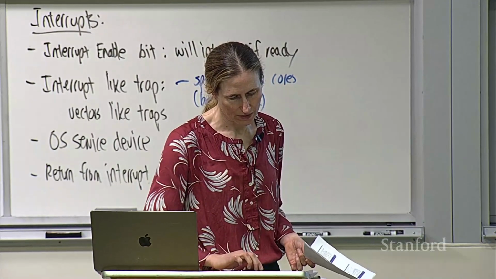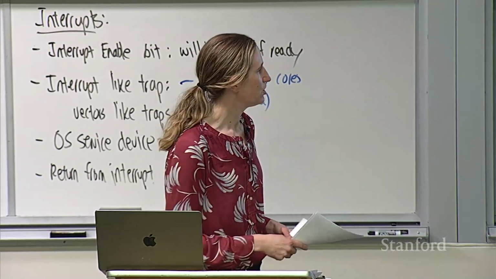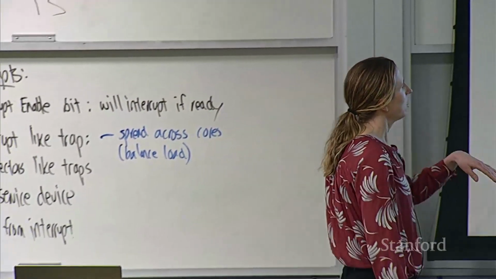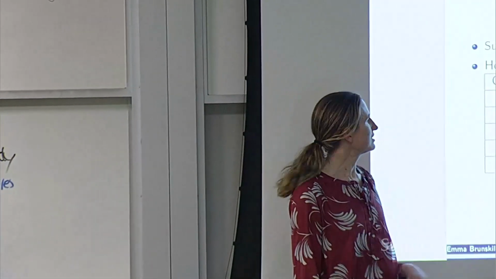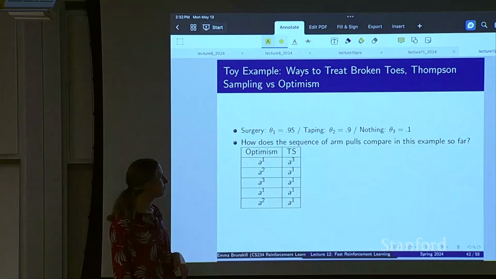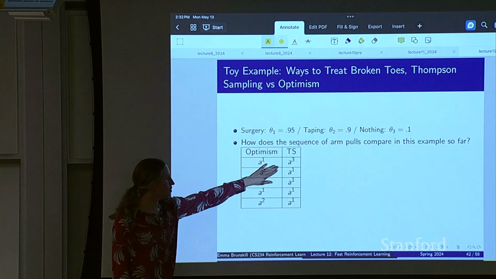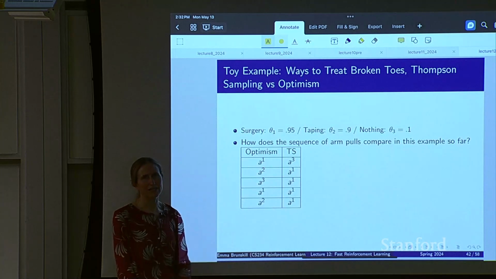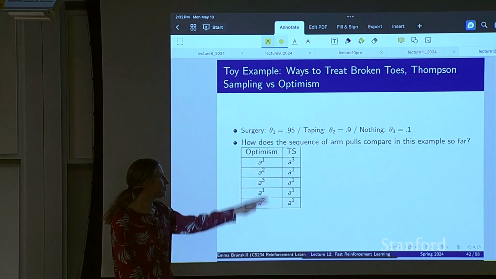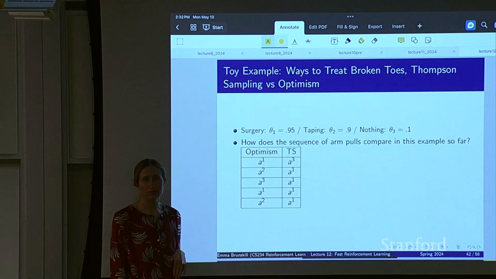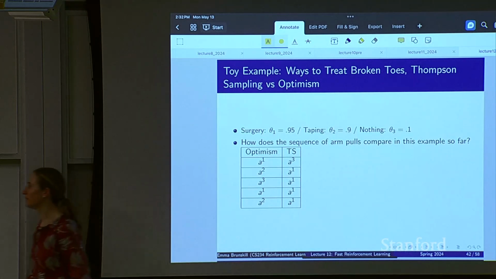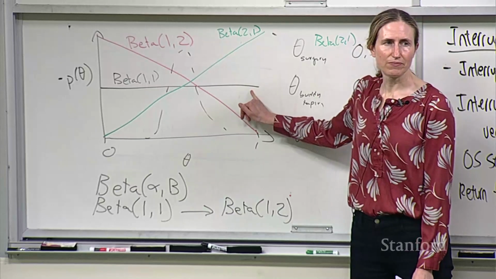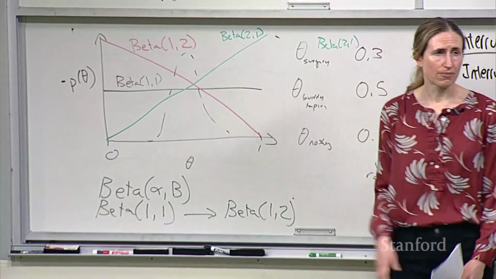Good question. Okay. So obviously this is a small example. What we saw in this particular example is that we quickly started to converge to A1 in this case. Now notice so far we've actually never pulled A2. We had some probability of pulling A2 because if we had sampled a really high value for A2, then we would have pulled it.